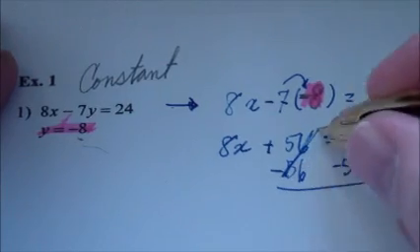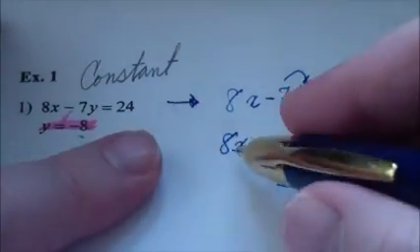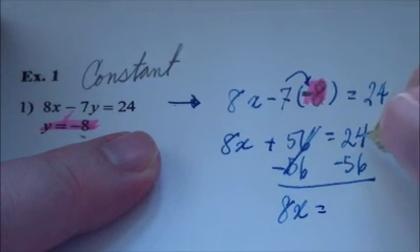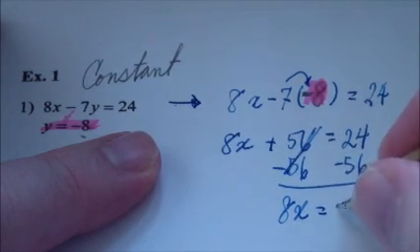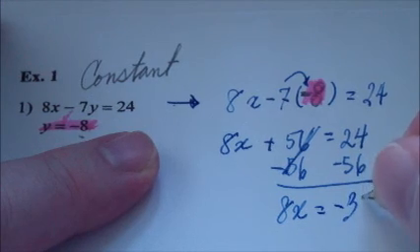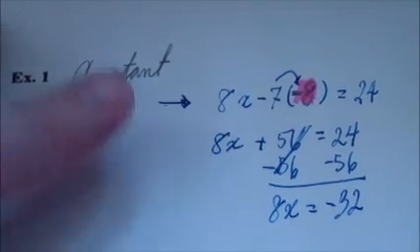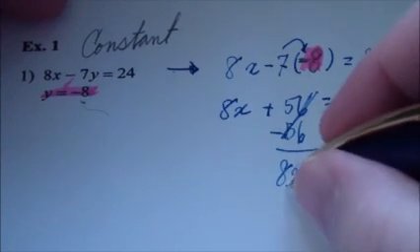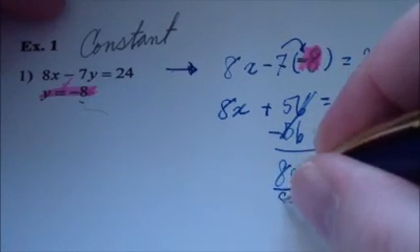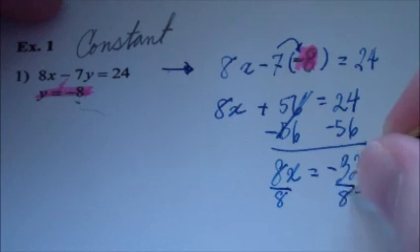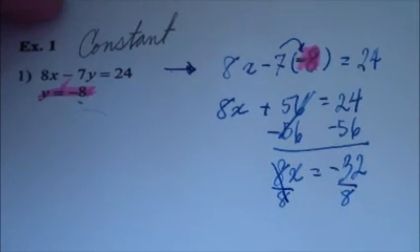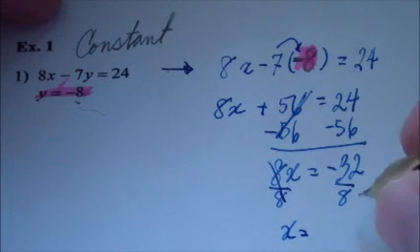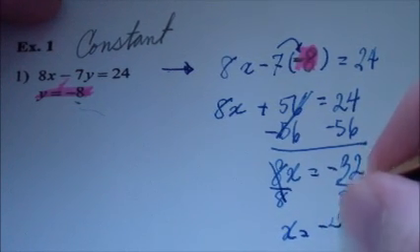Over on the left-hand side, they cancel. Therefore, we're just left with our 8x. 24 minus 56 is negative 32. Last part, got to get x by itself. Divide by 8. Divide by 8. 8's cancel, so x is equal to negative 4.